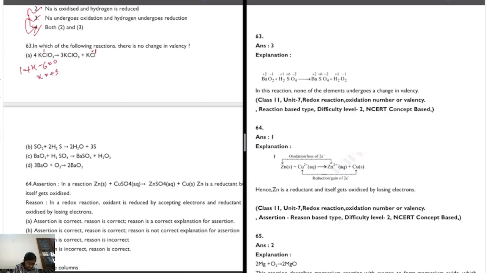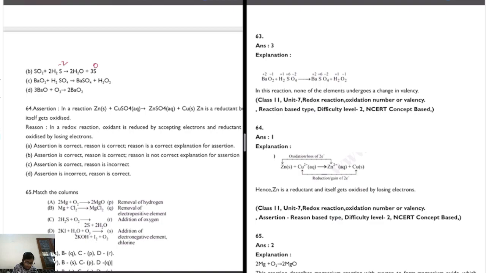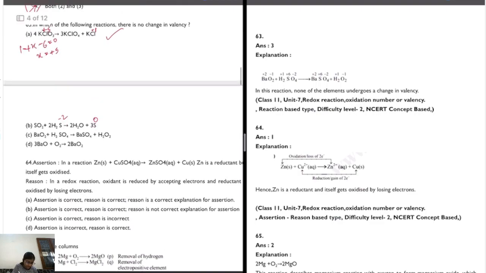It is +5. That is, here there is a change. In next, you will see it is 0, but it is -2. Therefore, here also changes there. Here also it changes.